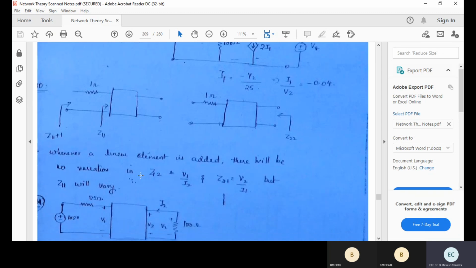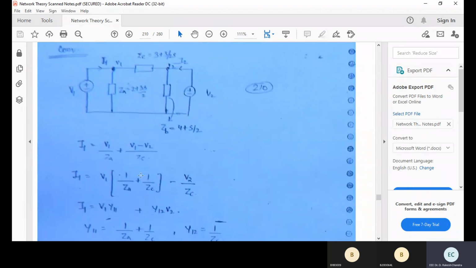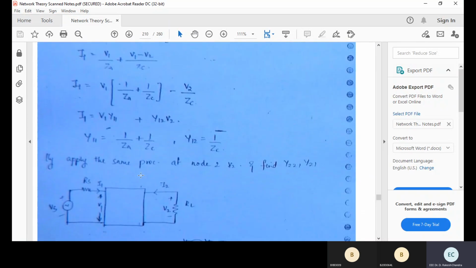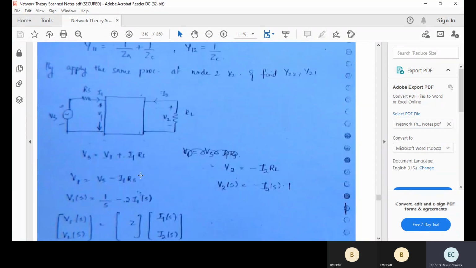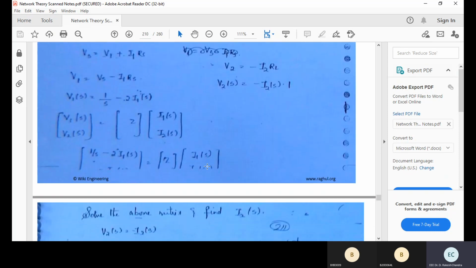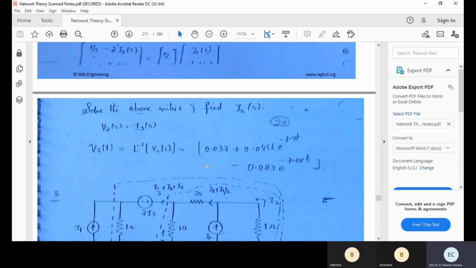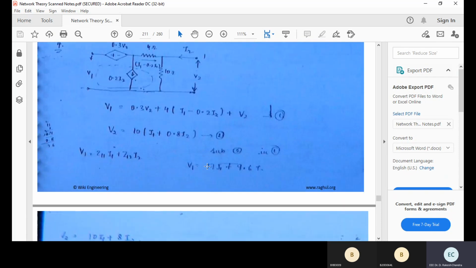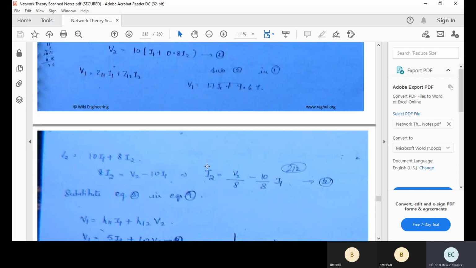Anyhow, network synthesis is not there in your syllabus. In the next classes, we can see the filters. For this type of network, find Y22 and Y21. What is Y22 and what is Y21? Just apply the formulas and get the relations. For any complicated circuit, the formula is the same.